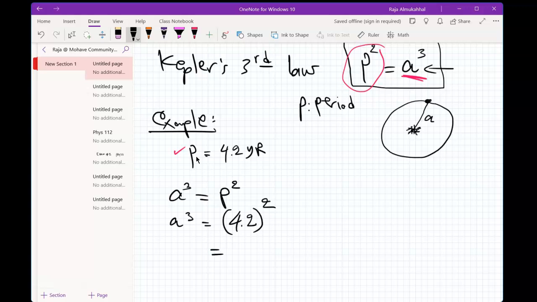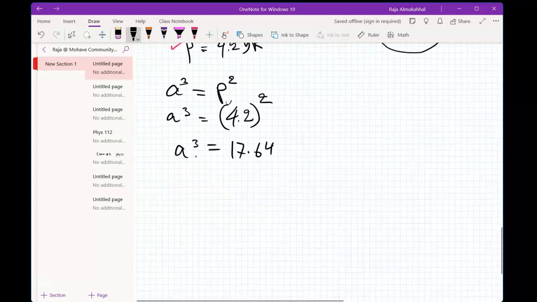Now, you can do algebra and get fancy with it, but the easiest thing is to grab your calculator and calculate 4.2 squared. I hope you have your calculator with you. Just go 4.2 times 4.2, and the answer here is 17.64. So we have A cubed is equal to 17.64.